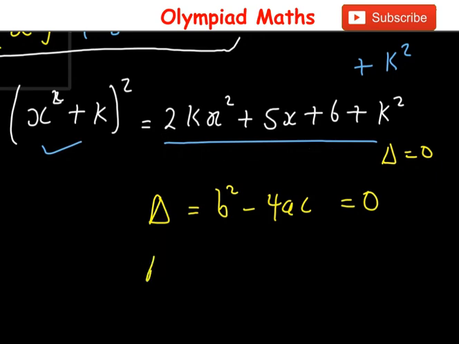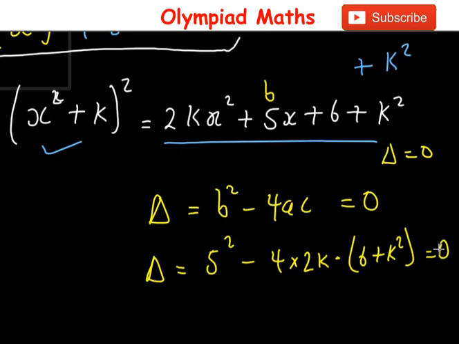So right here, the value of b is the coefficient of x, which is simply plus 5. So we have 5 squared minus 4 times a, which is the coefficient of x squared, which is simply 2k. So times 2k, then times c, which is 6 plus k squared, equals 0.